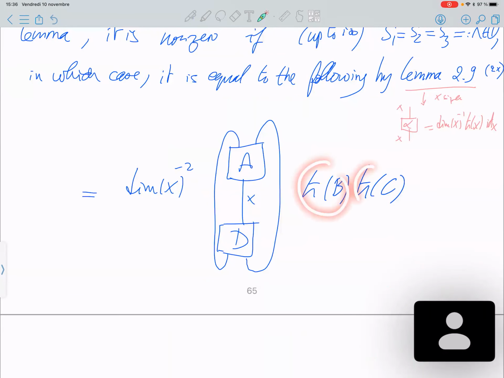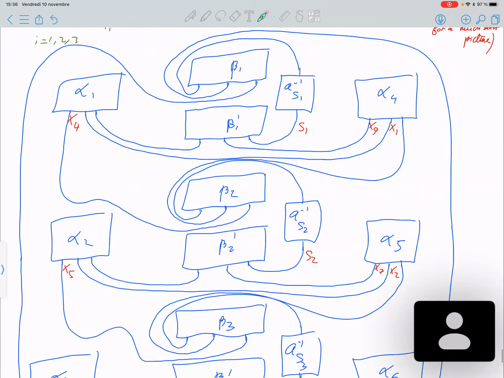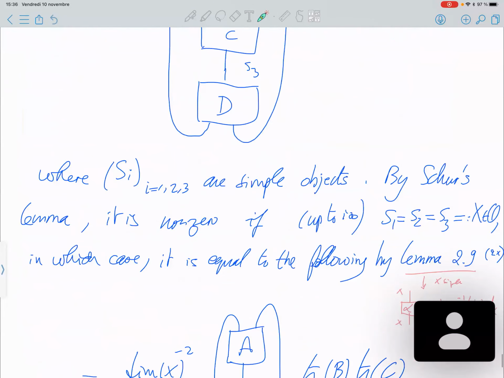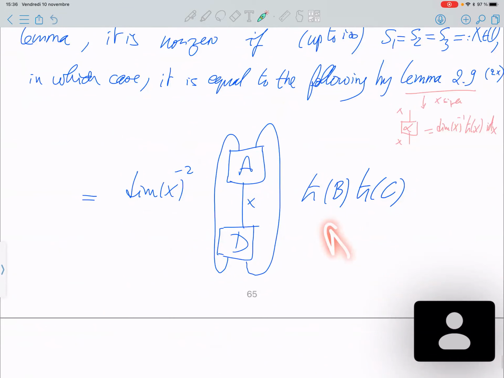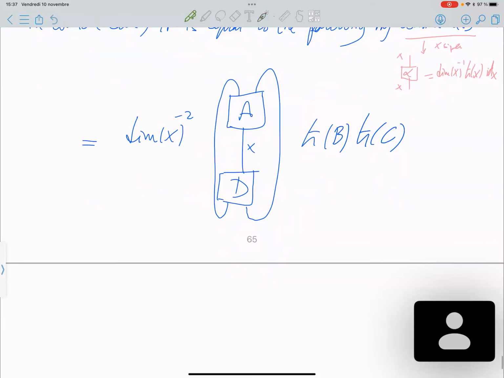If you remember the definition of a trace, it involves a pivotal structure. In fact, that will delete 2 of these pivotal structures. So when you apply this formula to the big picture, there will be no more pivotal structure here, and you will keep 1 pivotal structure here.